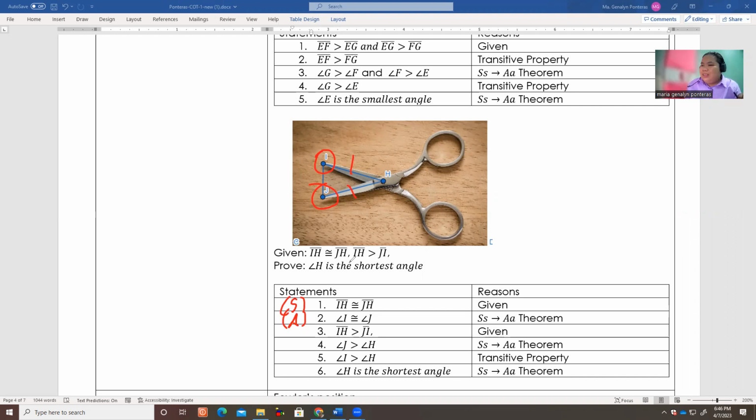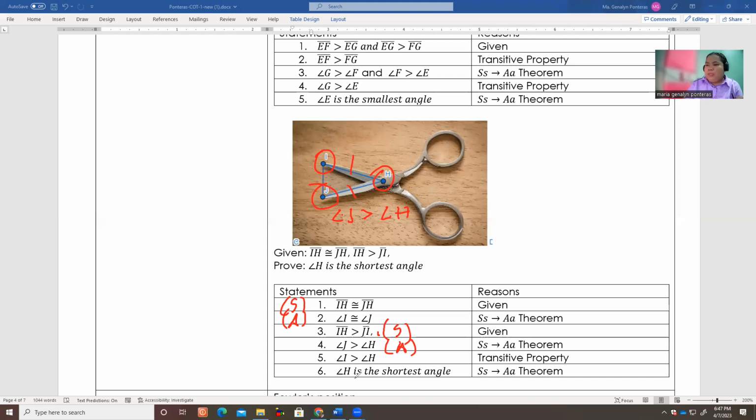Ayan, so that's IH is greater than JI. That's also given. So, meron uling effect yan. Kung si IH mas malaki kay JI, ibig sabihin yung opposite angle mas malaki sa opposite angle ng isa. So, this one, si angle J and angle H. So, angle J is greater than angle H. So, that's side to angle also.